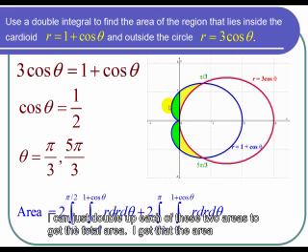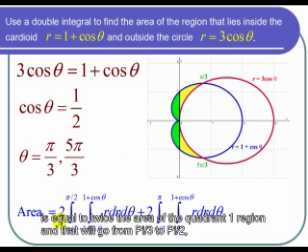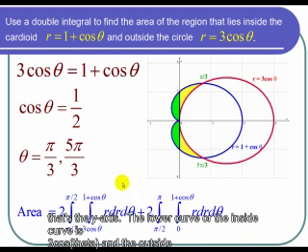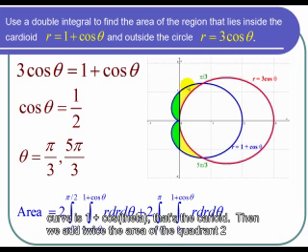So what I get is that the area is going to be equal to twice the area of the quadrant 1 region, and that will go from pi over 3 to pi over 2, that's the y-axis. And the lower curve, or the inside curve, is 3 cosine of theta, and the outside curve is 1 plus cosine theta, that's the cardioid.